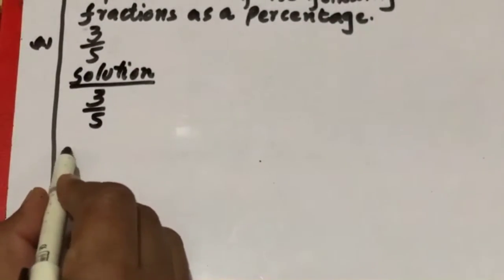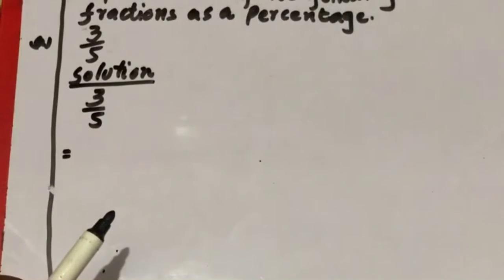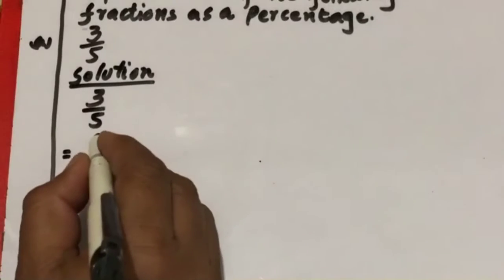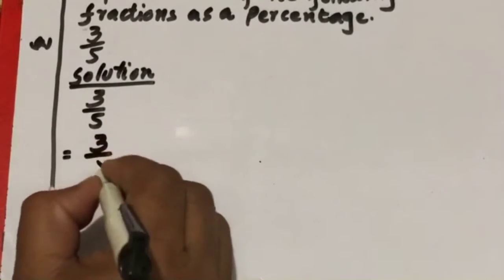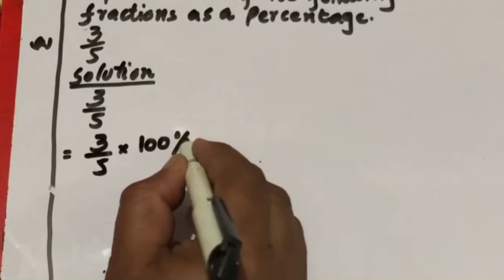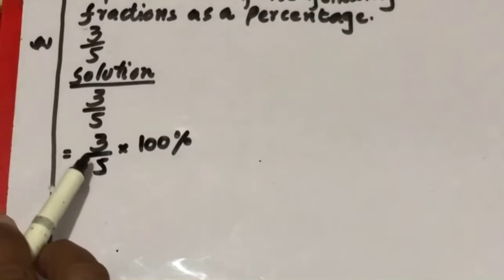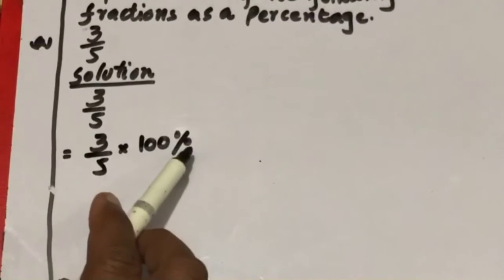To convert the fraction into percentage, we will multiply the given fraction by 100%. If you want to convert any fraction into the percentage, you will multiply this fraction by 100%.